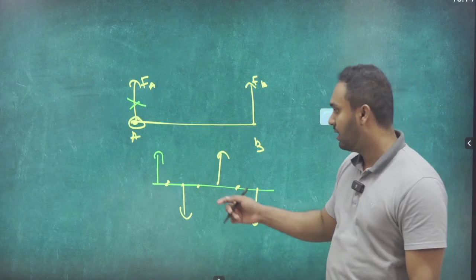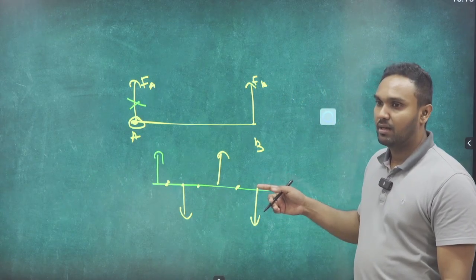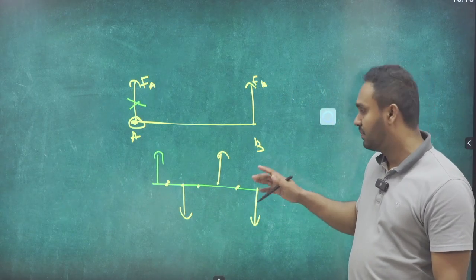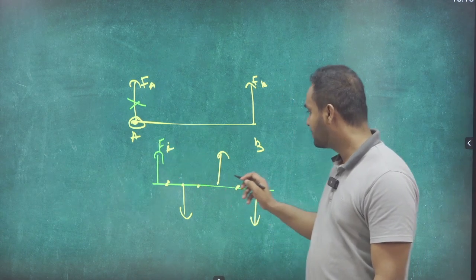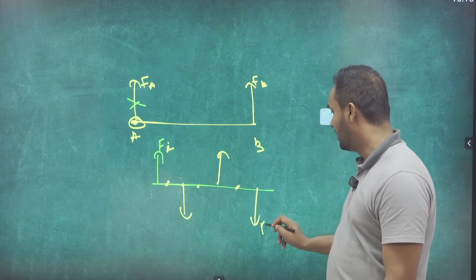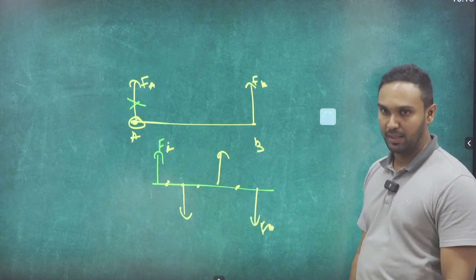Right. Sometimes you are asked to find the resultant, or an unknown force is given. Here there are two forces. FA is given, and then this is FB. So you are asked to find one of the forces, either FA or FB.